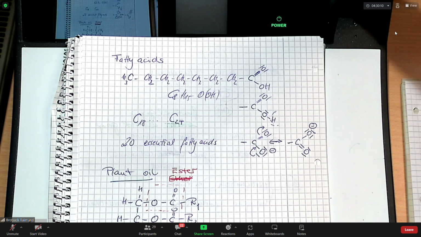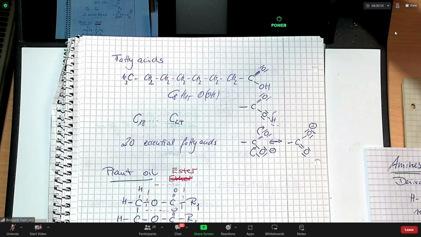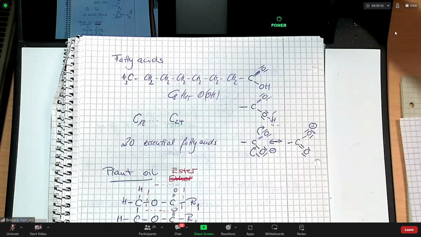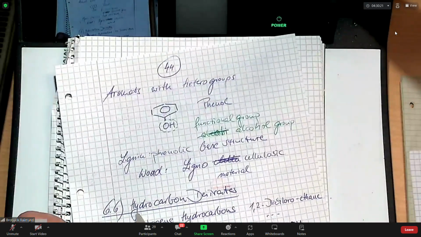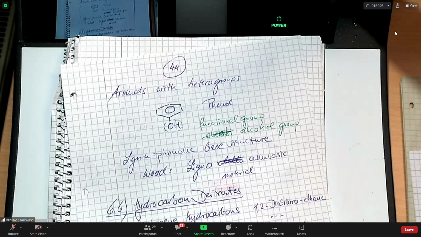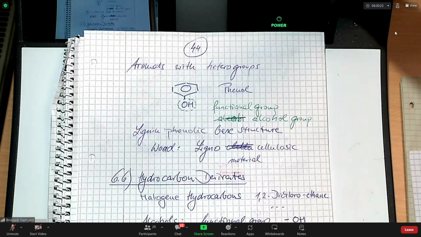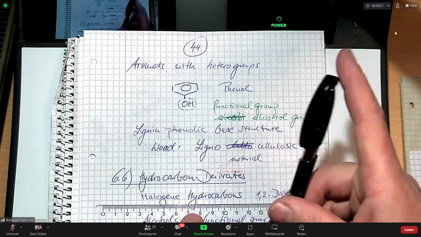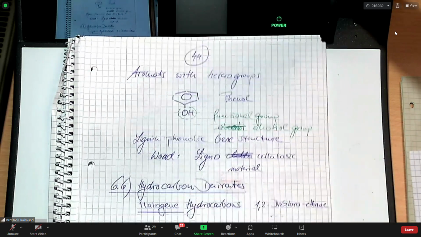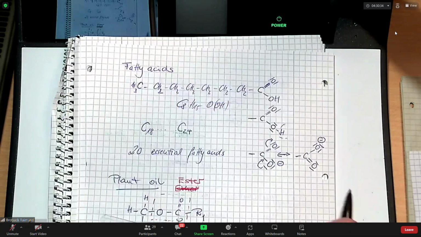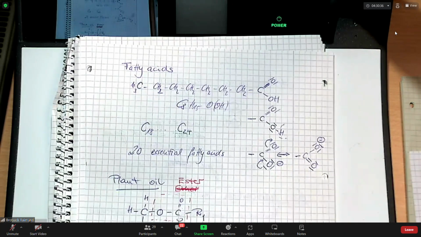We talked about aldehydes and ketones. We talked about these carboxylic acids. Another derivative, we talk about the derivatives here, hydrocarbon derivatives. We have the halogen derivatives. We have alcohols. We talked about ester now.